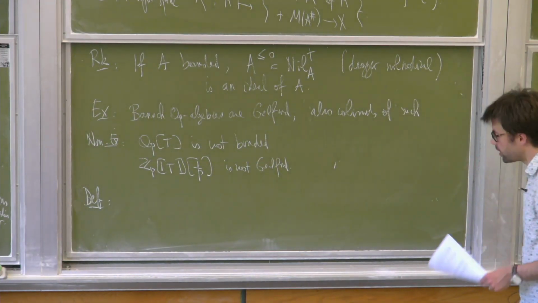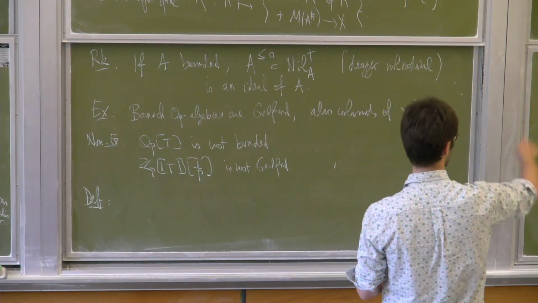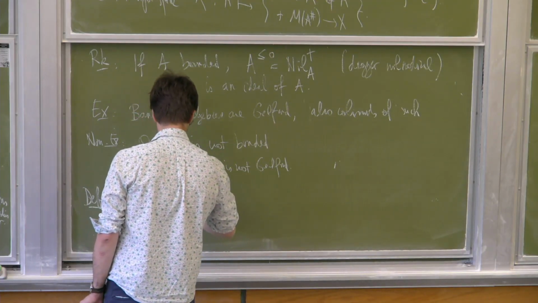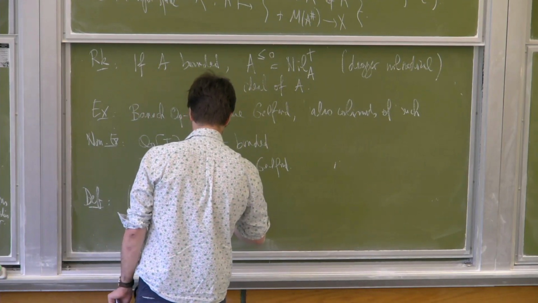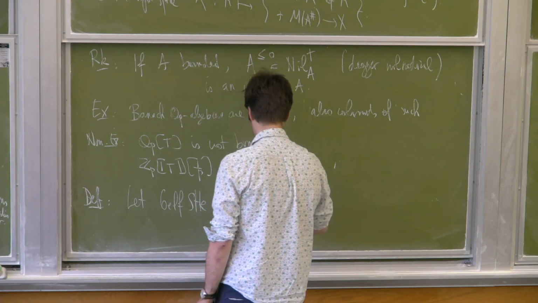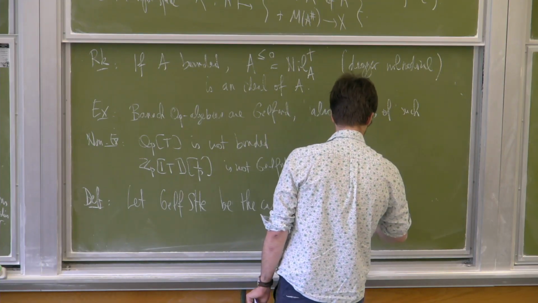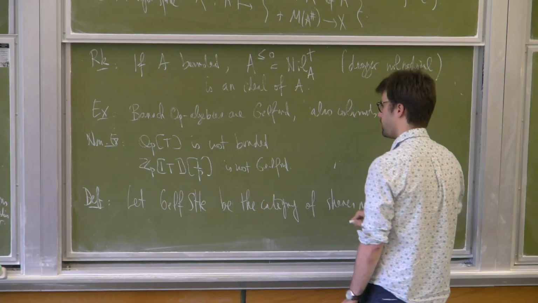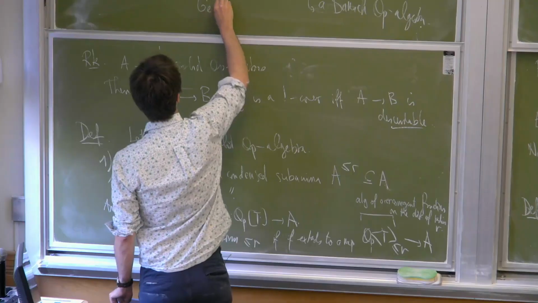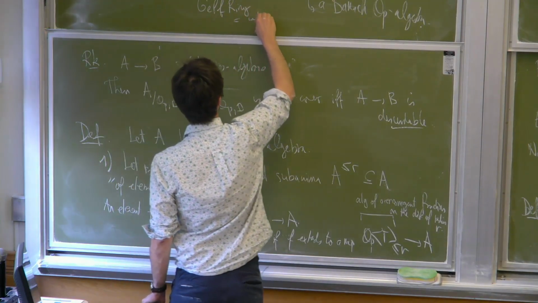Okay. And so that's the class of rings we want to work with. Then we can just redo this definition 2 here and define Gelfand stacks. The category of Gelfand stacks is the category of sheaves on, maybe I should have introduced this notation, GelfRing, the category of Gelfand rings.